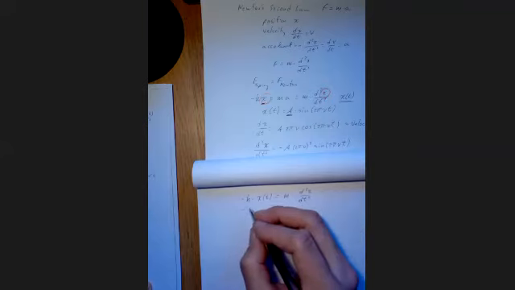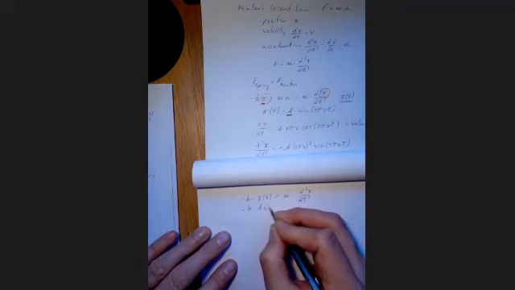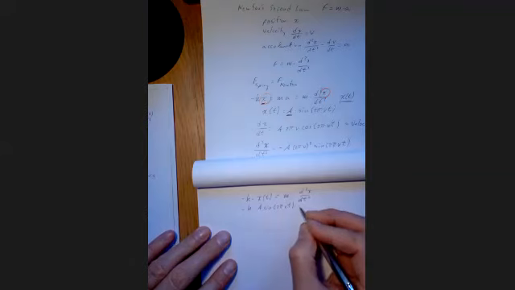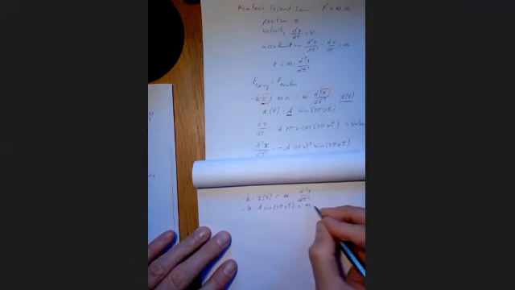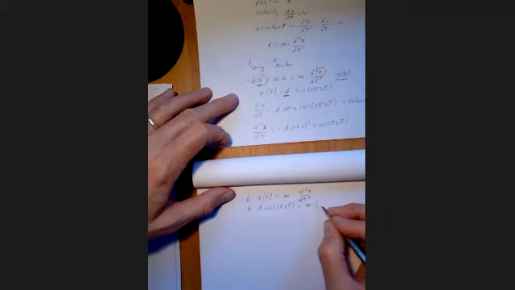So this will be the opposite of k a sine 2 pi nu t. And then this will be m times what we just saw. So this will be opposite of a 2 pi nu squared sine 2 pi nu t.